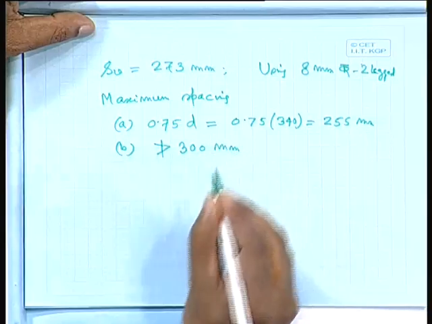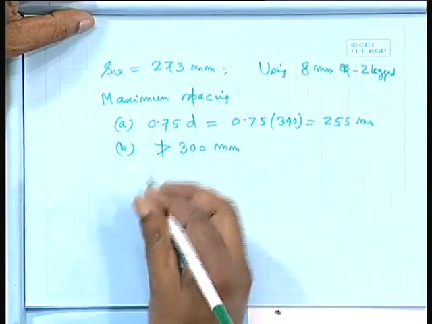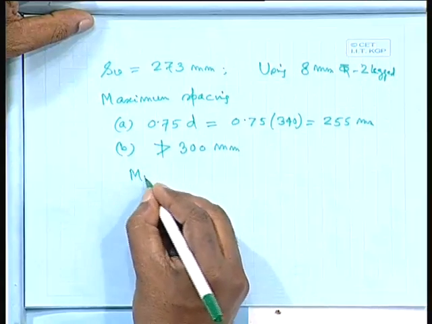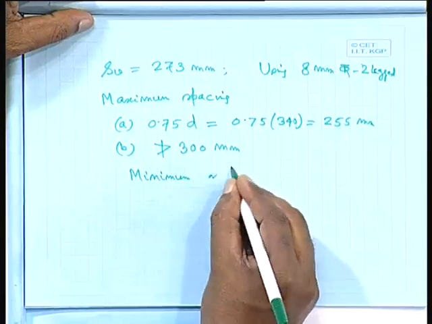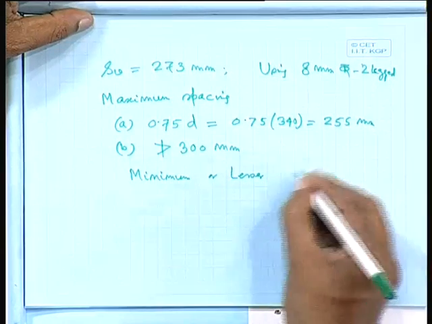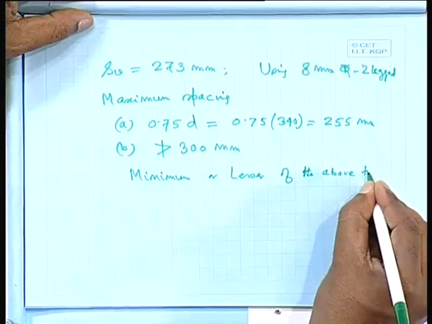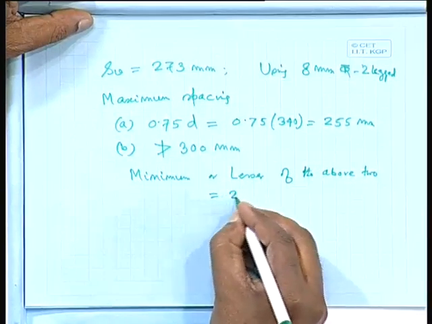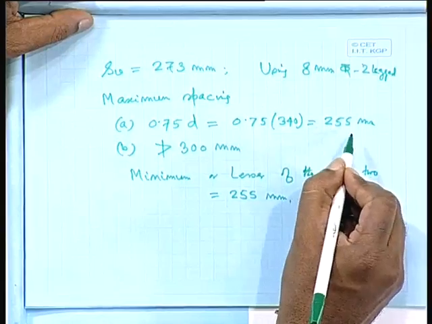So, the minimum, or the lesser, of the above two equals 255 millimeter. So, it is governed by this one.